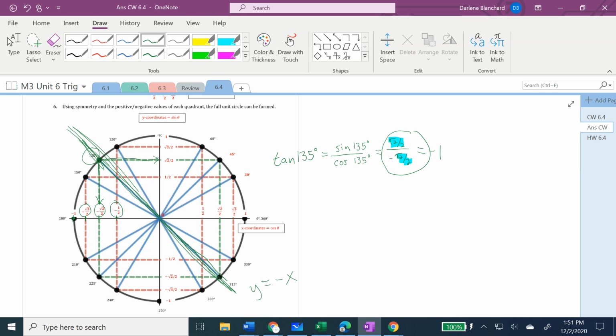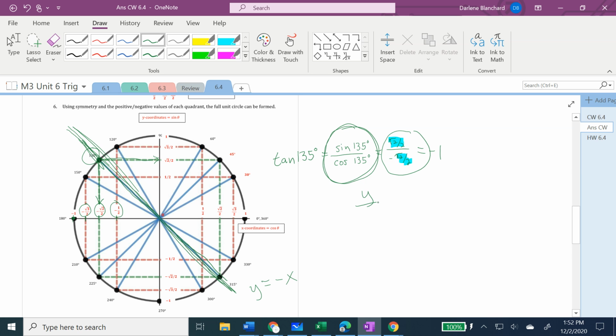I'm going to teach you guys, first, we're going to need to look at this. But I have found that the quickest way to use the unit circle with tangent is to recognize that it's actually the same number as the slope of the line that it's sitting on. And that has everything to do with the fact that sine represents y and cosine represents x.